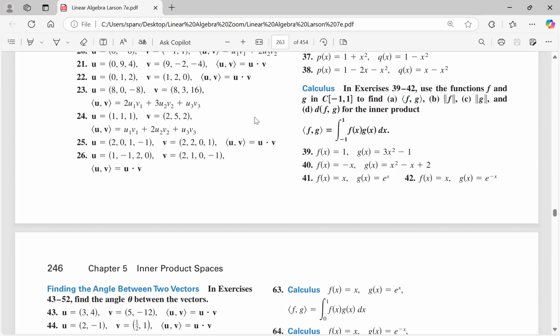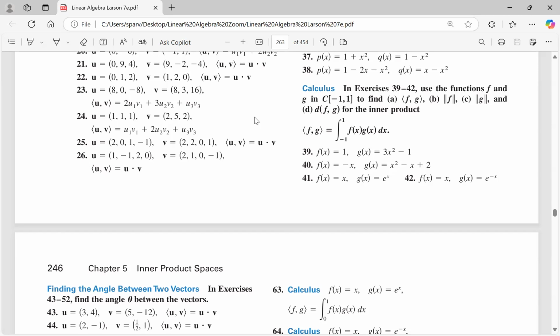Now, what that means is that f and g are in the set of all continuous functions, the C for continuity here, over the interval from -1 to 1. So that's what that is.